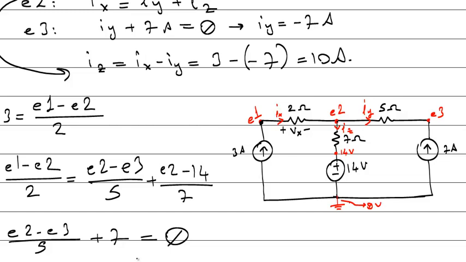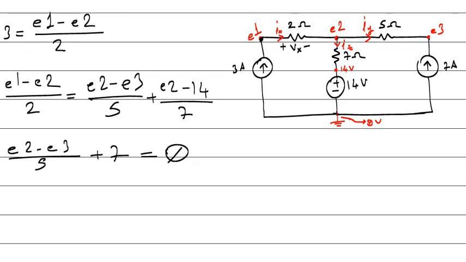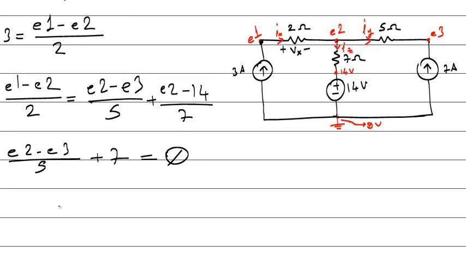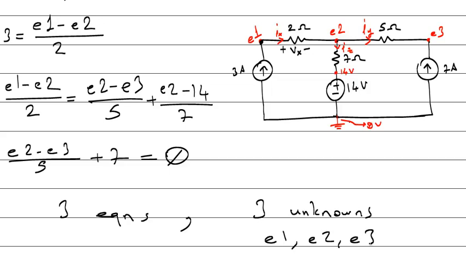Okay? So here, as you see, there are 3 equations and there are 3 unknowns, E1, E2, E3. So you can solve that set. Okay? It's not difficult.